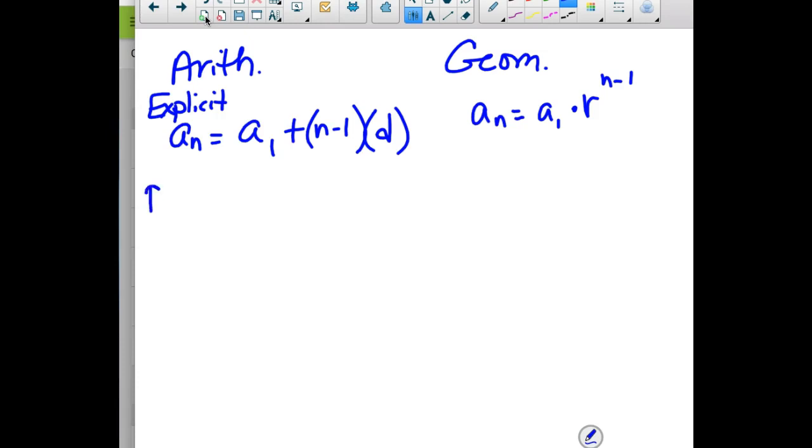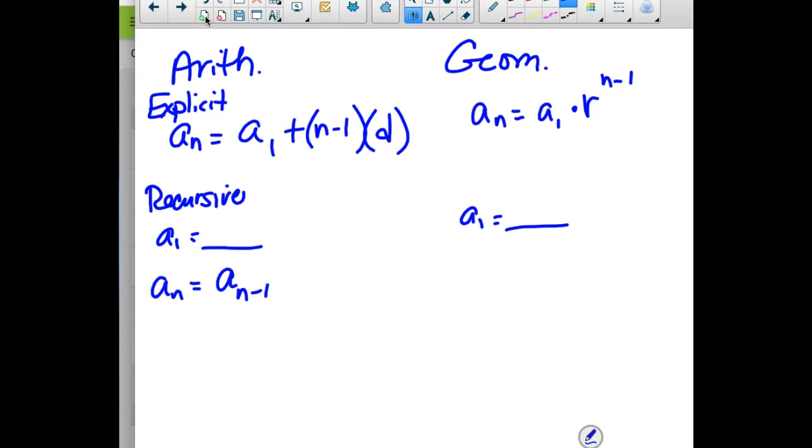The recursive ones. Those are the ones where we build off the previous term. Okay? So we always state what the first term is. Doesn't matter if it's arithmetic or geometric. We have to give the first term if we're going to build off of it. And then for arithmetic, every term after that is found by taking the previous term and doing what?